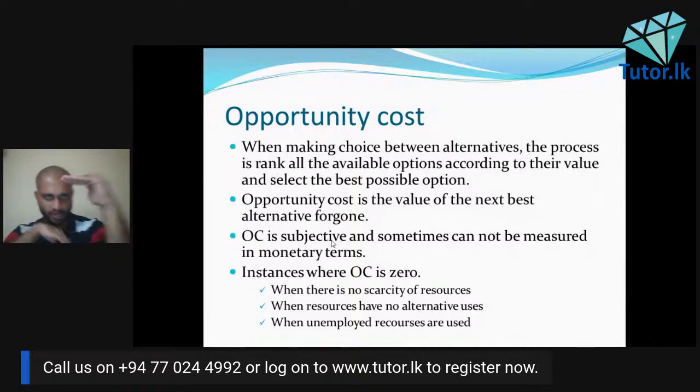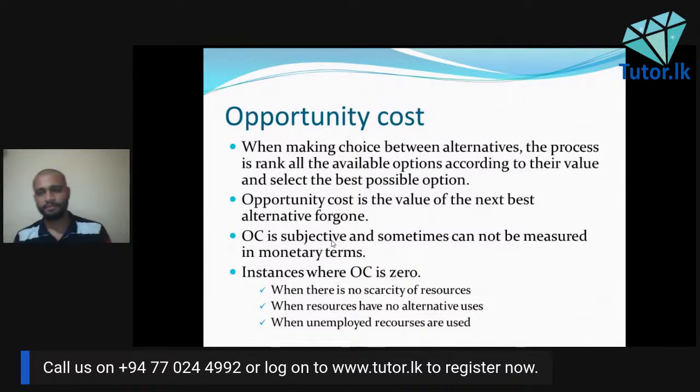You are selecting the first in the ranking, and you are foregoing the second one. The second one is the next best alternative. When you are foregoing the next best alternative, you are giving up a certain value for that second best alternative. That value is called the opportunity cost.